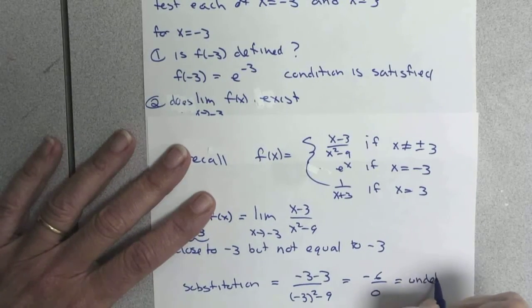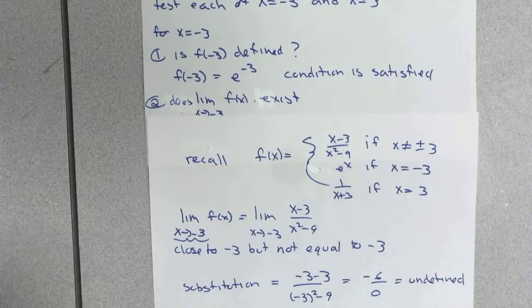which is undefined. Now, we haven't quite yet talked about those limits, and we'll talk much more about them in detail in the next section, but it's not too hard to say: I didn't get a number. This is not a number.